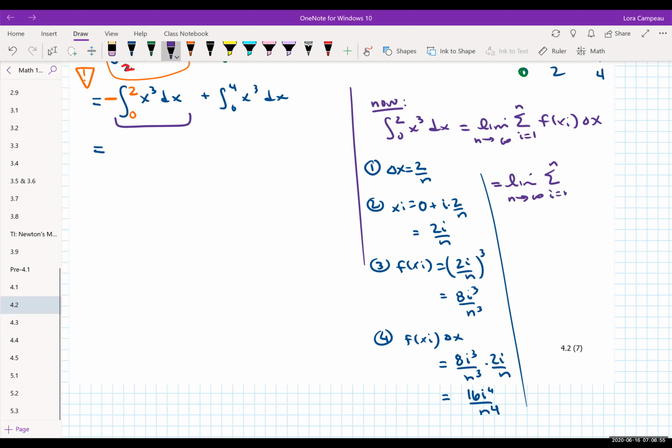What do we have? 16i to the 4th over n to the 4th. A little more fun. Now you guys can play. If you're interested, you can say, I'm going to find out by taking factors out. Do I have something that helps with i to the 4th?